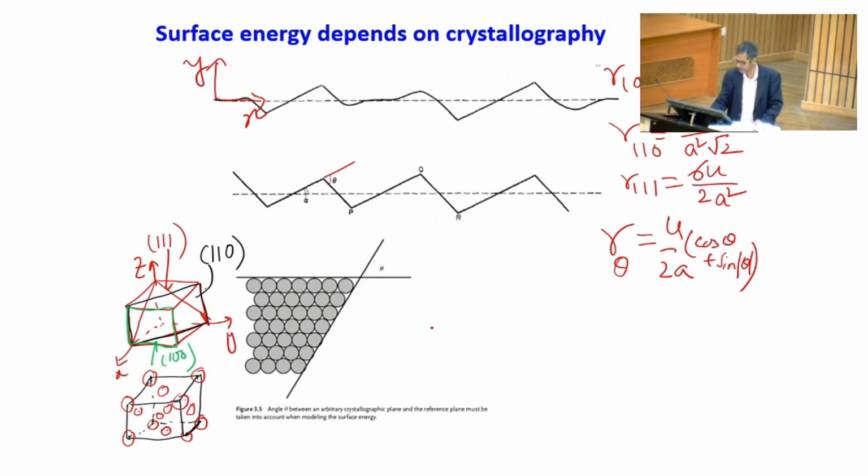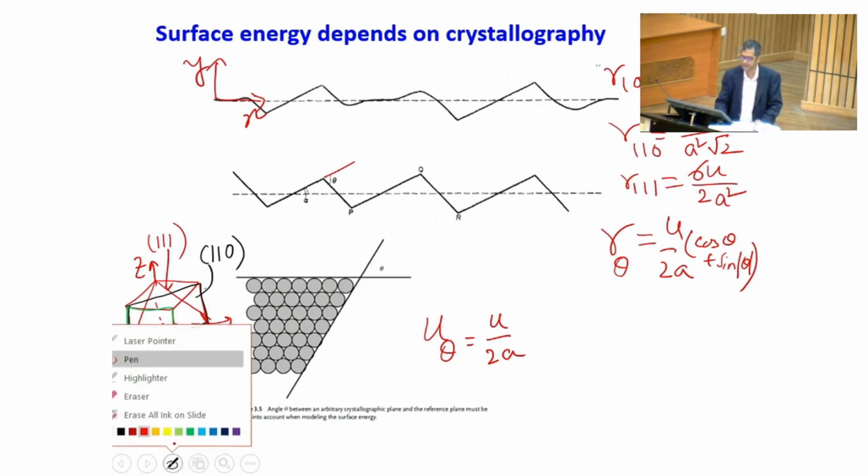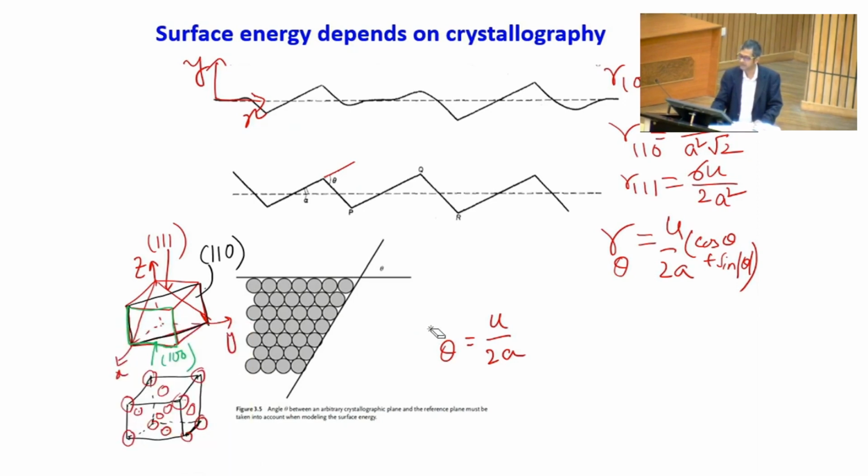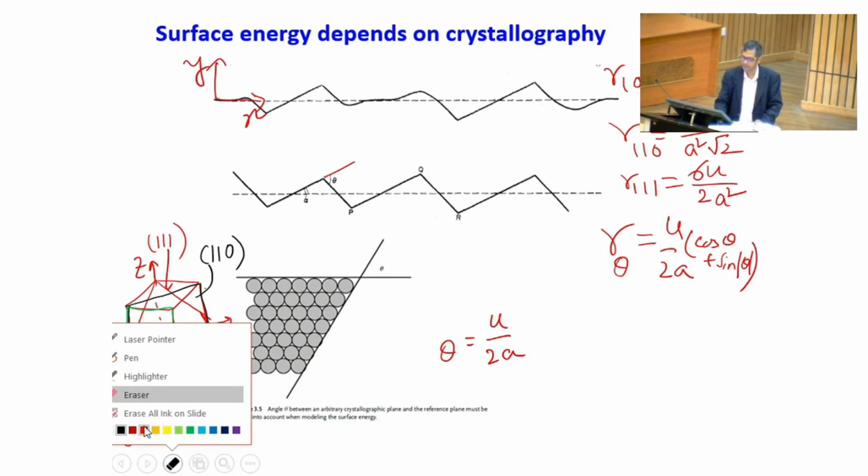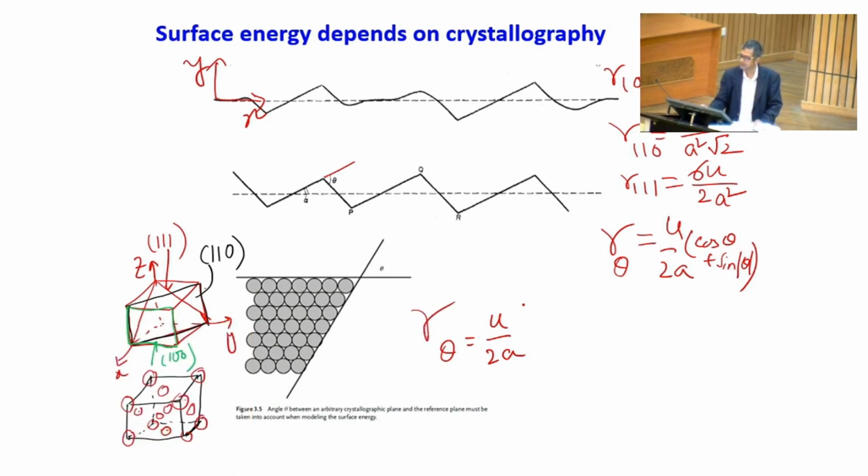So, let me write it down again in a very big way. That is u by 2a, it is gamma theta, not u theta, again I am making some mistake. Cos theta plus sin mod theta.